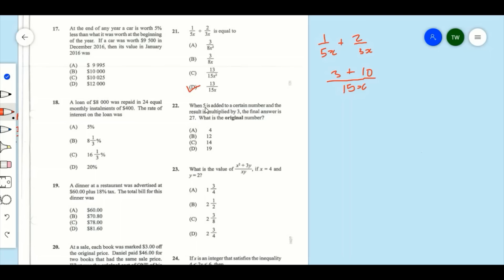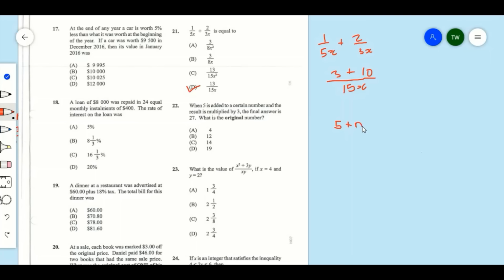22. When 5 is added to a certain number and the result is multiplied by 3, the final answer is 27. What is the original number? So we know that they are asking us when 5 is added to a certain number. Let's say the certain number is n.